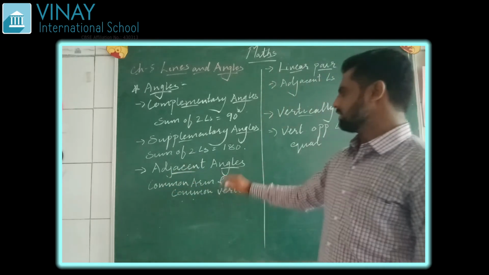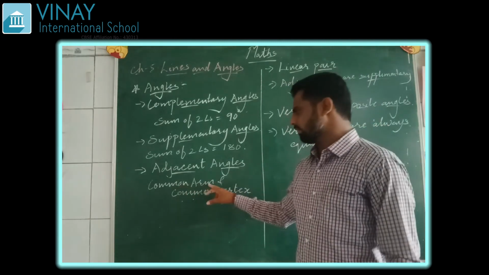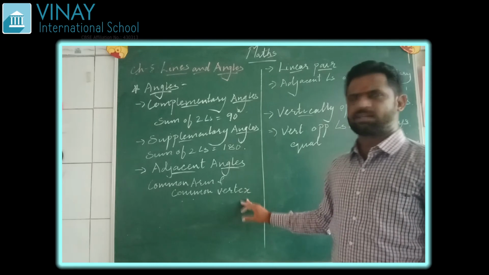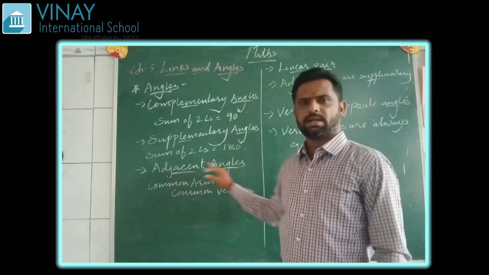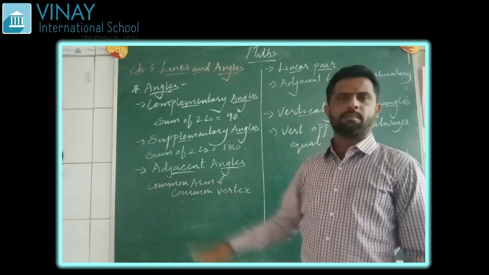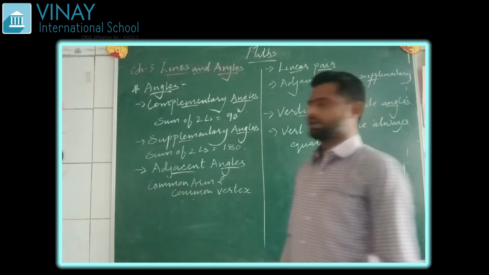Adjacent angles means two angles which have one common arm and one common vertex.